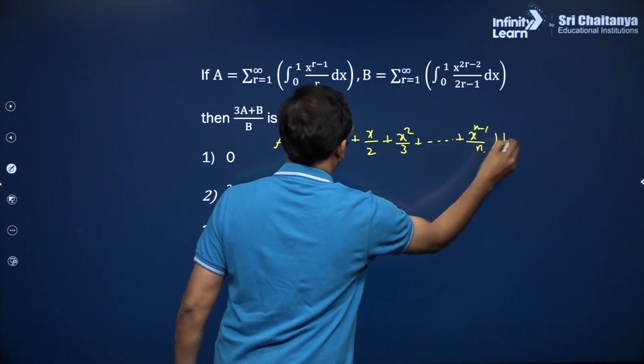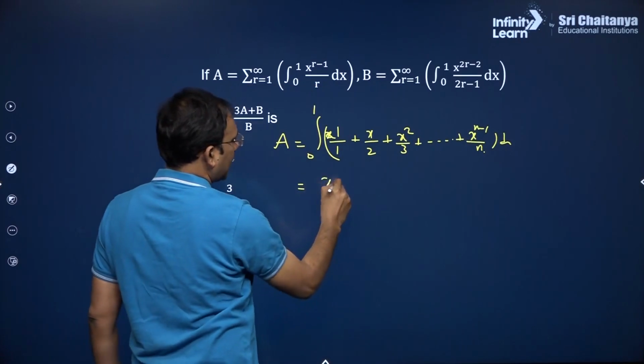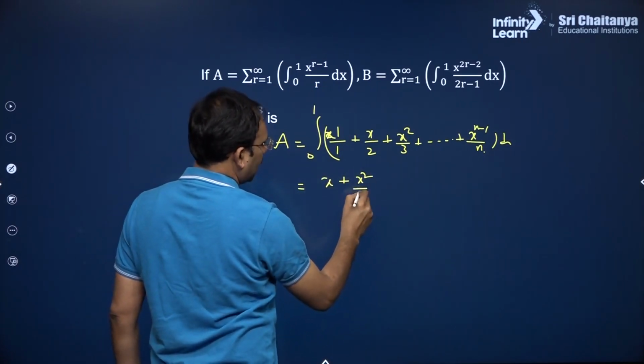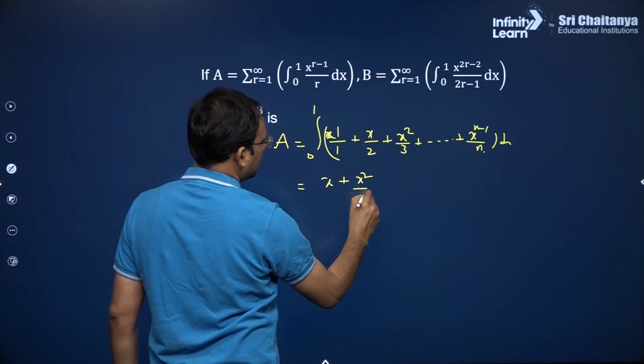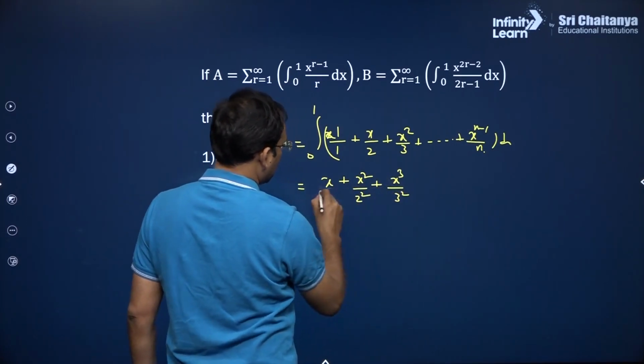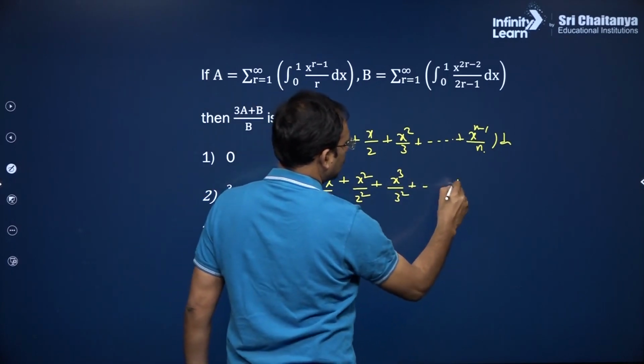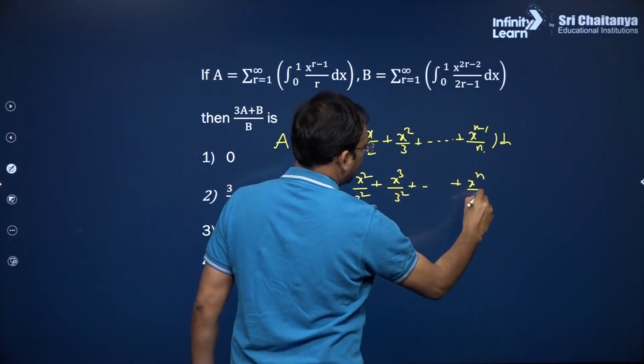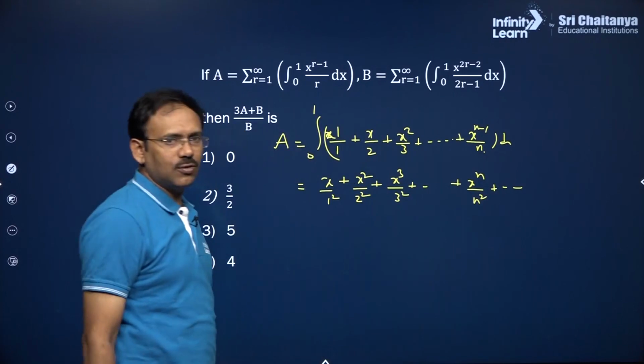Of course, we take up to infinity. So this is x plus x square by 2 square plus x cube by 3 square and so on. This is x power n by n square. Of course, we take this n to infinite.